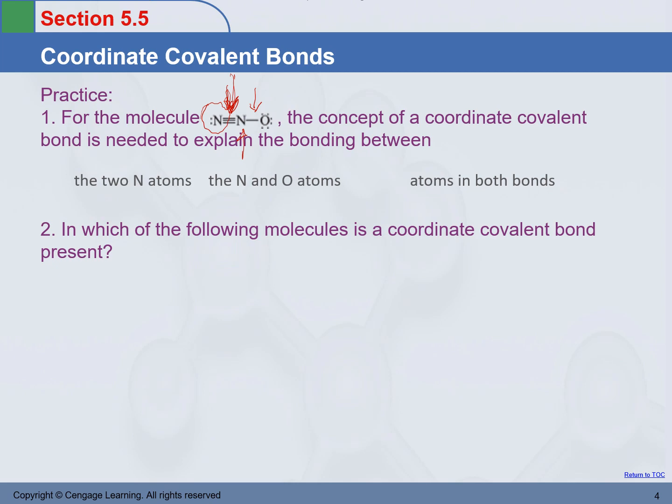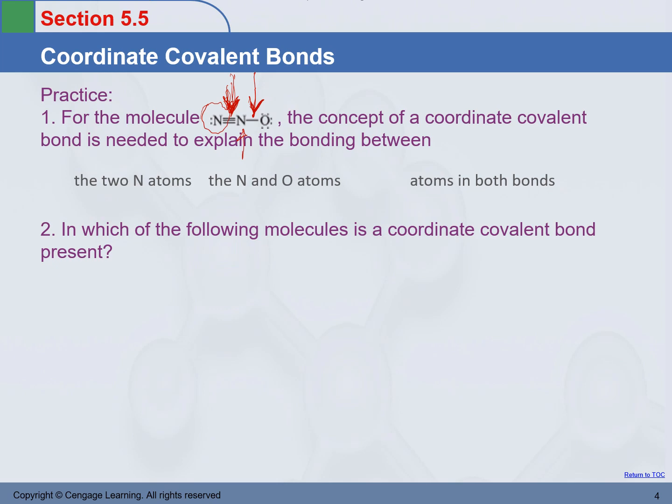Right now, it has four. All right, looks like there is a coordinate covalent bond around that nitrogen. Well, if those three are regular bonds, then that one likely will be the coordinate covalent bond.